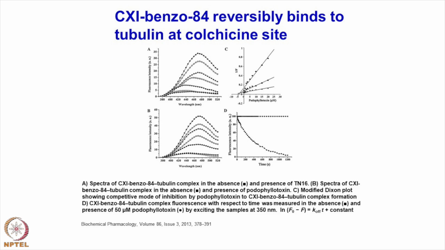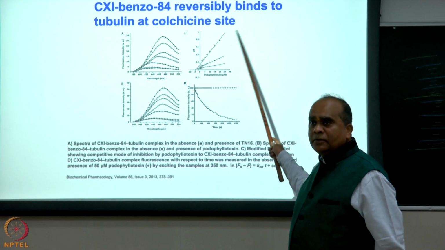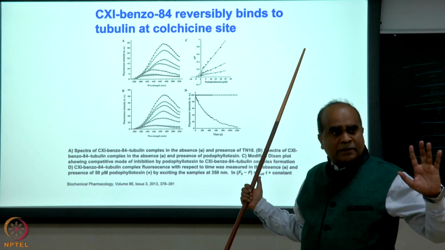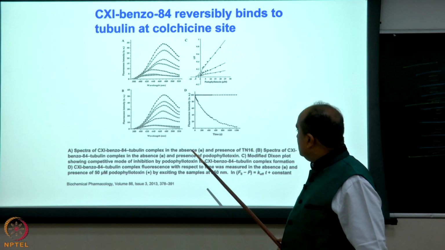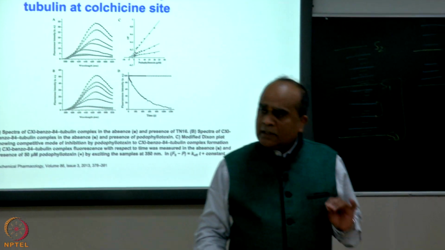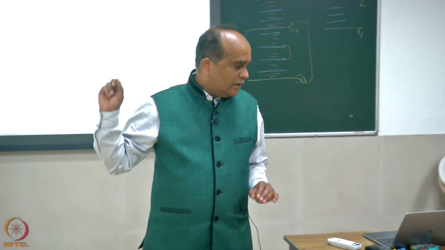So, essentially these kinds of fluorescence experiments, same as absorption, decay, you can plot it, you remember this kind of curve. Enzyme kinetics, competitive, non-competitive, uncompetitive, all kinds of reactions you can plot and find out the KD, the competition and the site, because we have found that it is binding with colchicine.